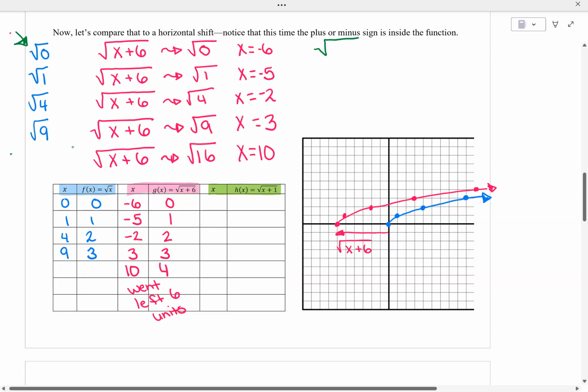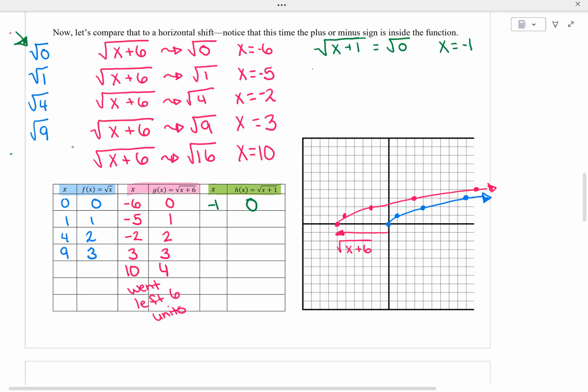So we have to go x plus 1. I need a 0. So what does x have to be to give me a 0? Well, hopefully you said negative 1. So the square root of negative 1 plus 1 becomes square root of 0, which is 0.